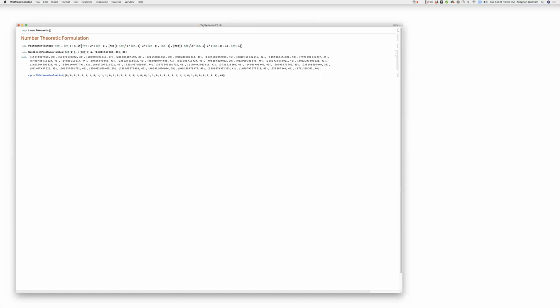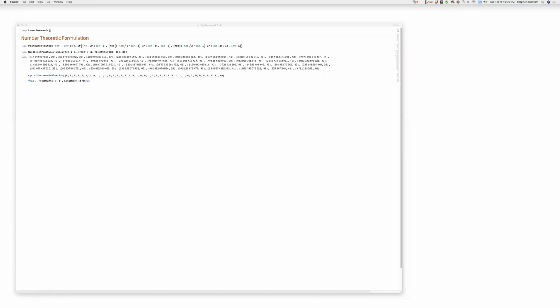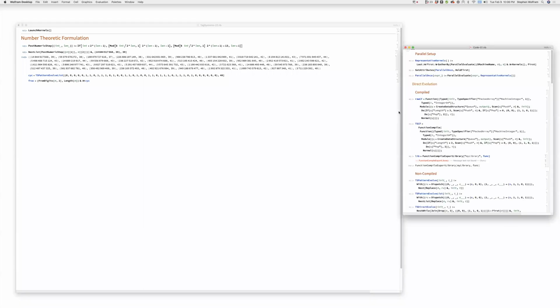Well, right, but the fraction form is just going, right, exactly. And this is not compressed, by the way. Yeah, I understand.